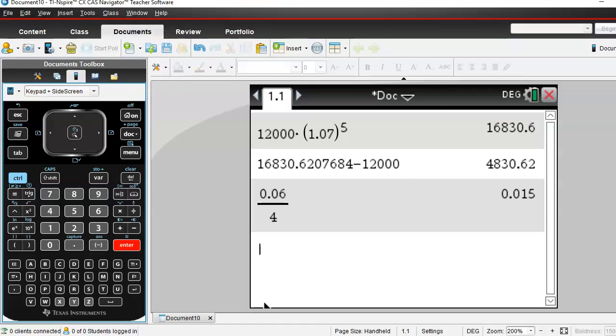Get my calculator. 3,000 times by 1.015 to the 8. Okay, so at the end of 2 years, they've got $3,379.48.